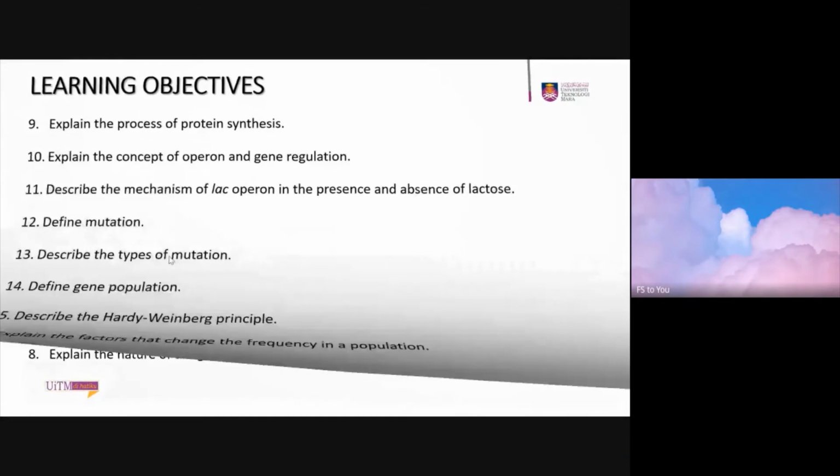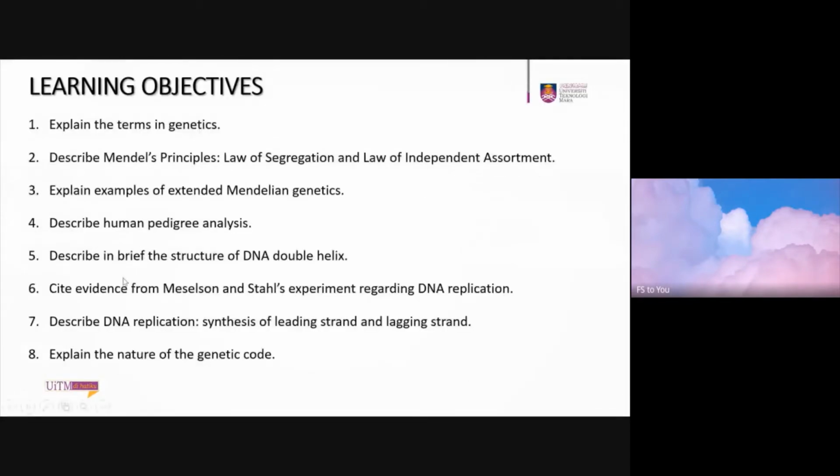Okay, so these are the learning objectives. Ini awak boleh tengok lah, kan. So kena tahu terms in genetics, describe Mendel's principles tu ada 2 law kat situ, law of segregation and law of independent assortment. So kena fahamkan kenapa ada 2 law ni.